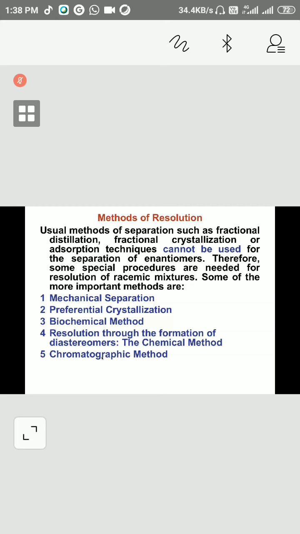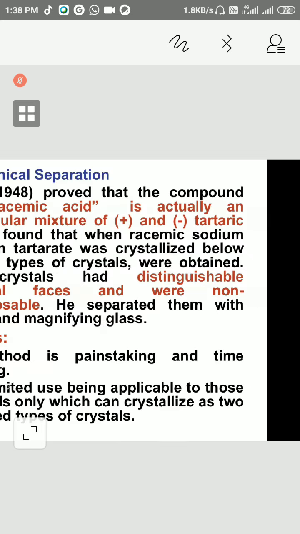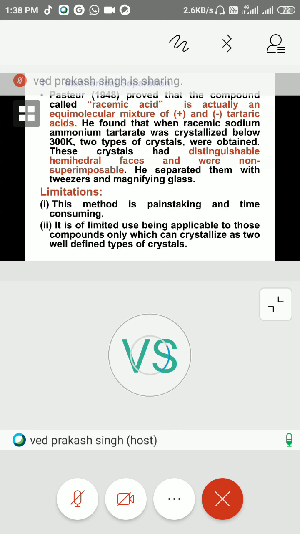So how can you do it? If a racemic mixture is there, then both types of enantiomers are there, so it can be separated by picking crystals.